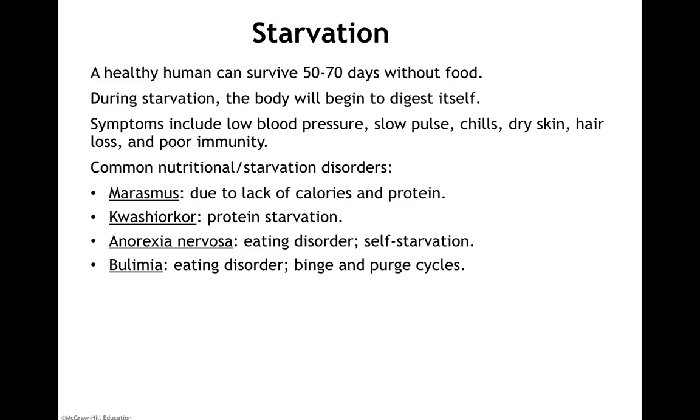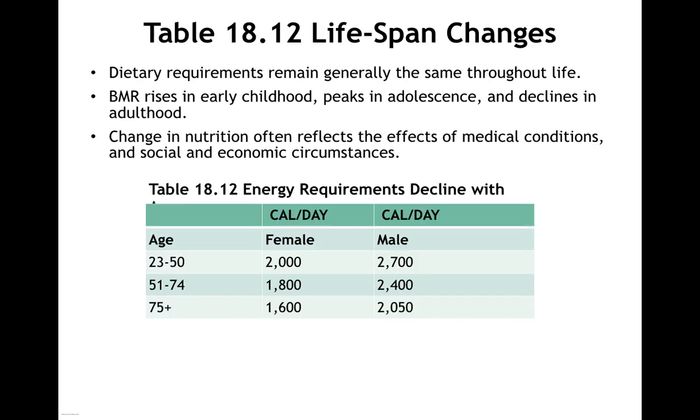We can live for about 50 to 70 days without food, but during that process, the body will begin to digest itself. And I won't go into each one of those common nutritional starvation disorders. Over our lifespan, our daily requirements, our daily BMR changes. I'm going to leave it at that.